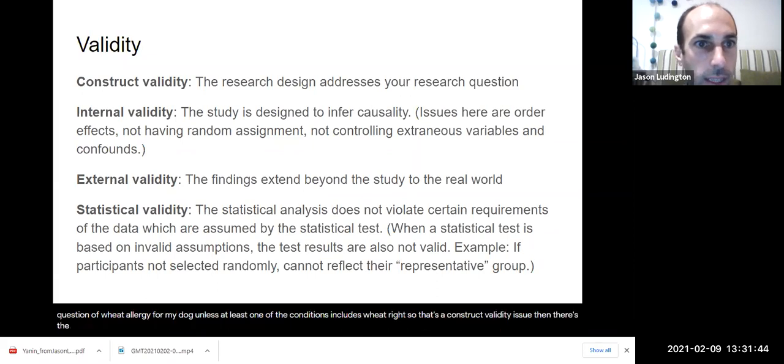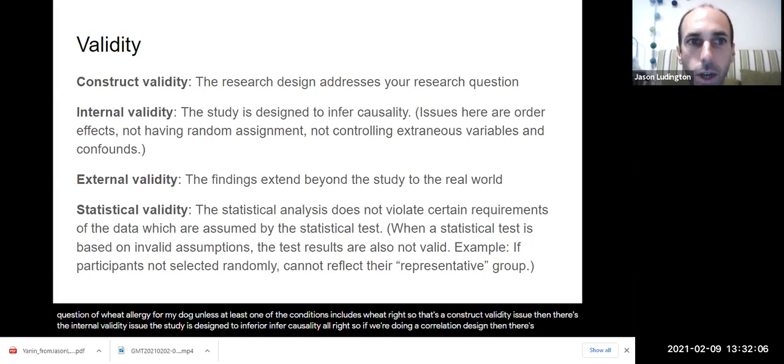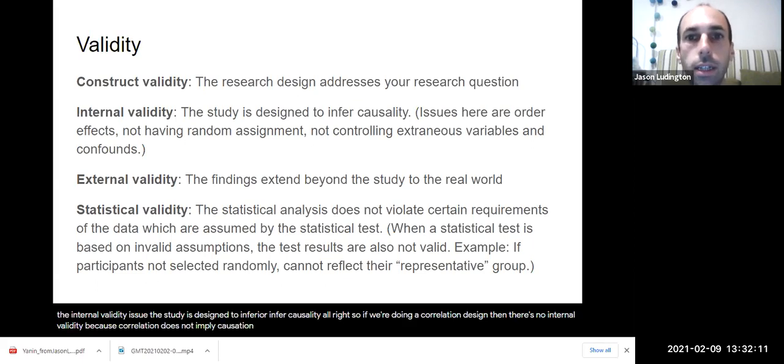Then there's the internal validity issue. The study is designed to infer causality. All right, so if we're doing a correlation design, then there's no internal validity because correlation does not imply causation. So if I do a correlation design, we don't call it an experimental design.